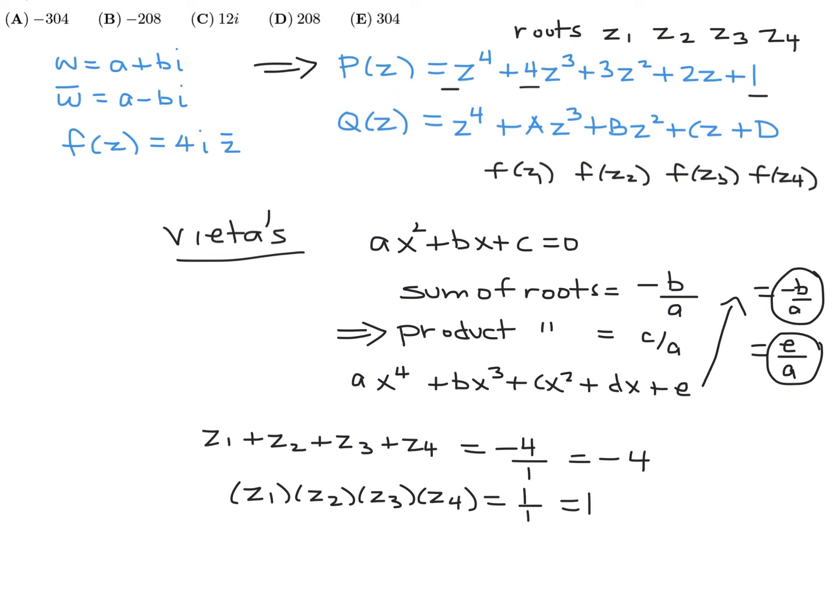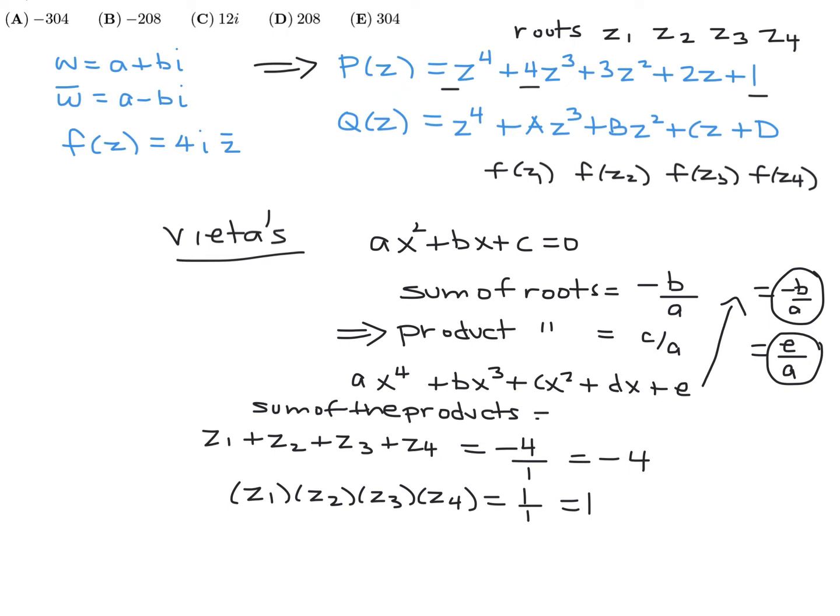So you do the same thing with the q of z. Now, Vieta's, there's one more. It's called the sum of the products. And you say, well, what do you mean by sum of the products?